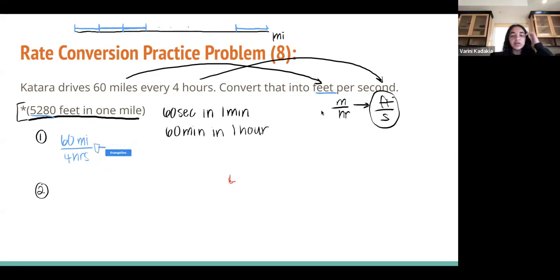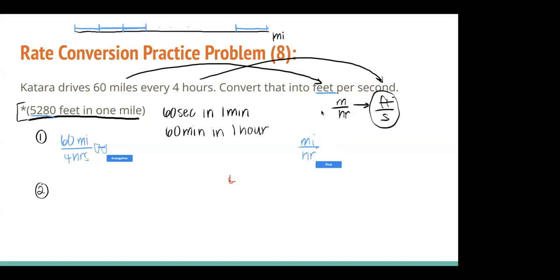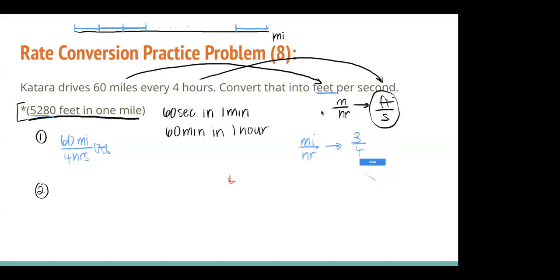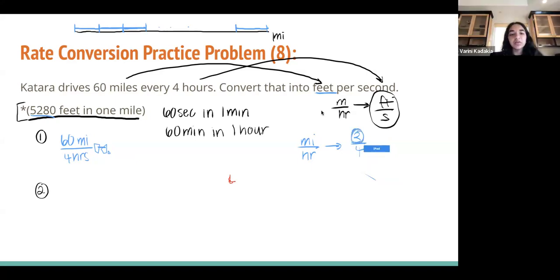If we treat the mile as like a number, so if you have miles per hour, and let's say that's equivalent to 3/4. If I want to get rid of the 3 on the top, what should I divide by to get rid of the 3?